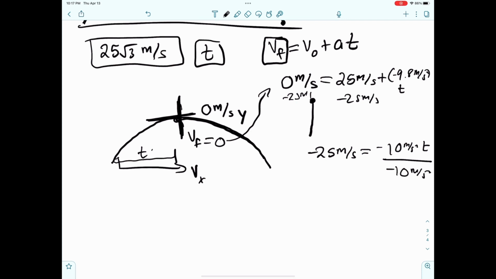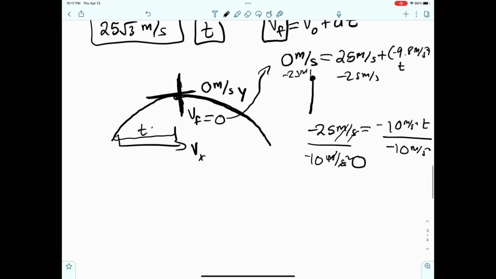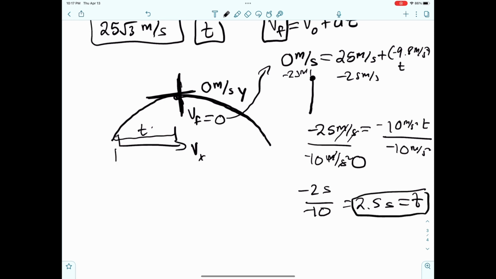Divide both sides by negative 10 meters per second squared. The meters cancel, the seconds cancel. We're left with 1 second at the bottom. So we get negative 25 divided by negative 10, or 2.5 seconds, equals the time it takes for this object to move this amount of distance.